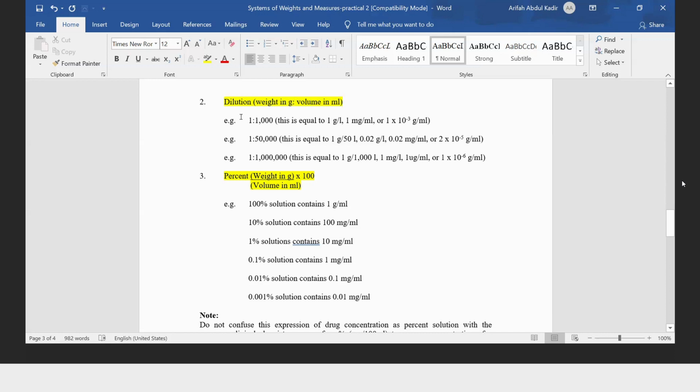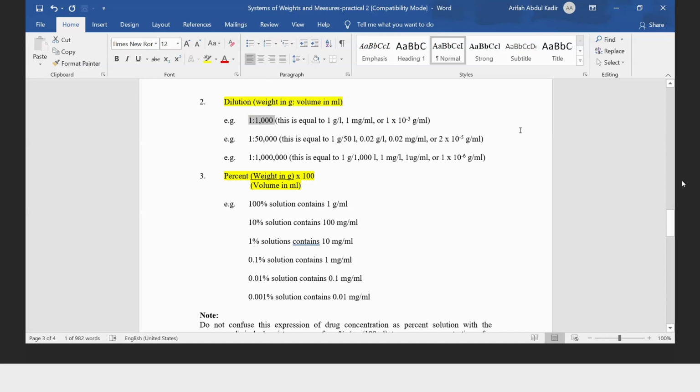For example, if a drug is labeled as 1 to 1000, they only write this, 1 to 1000. So what does it mean?